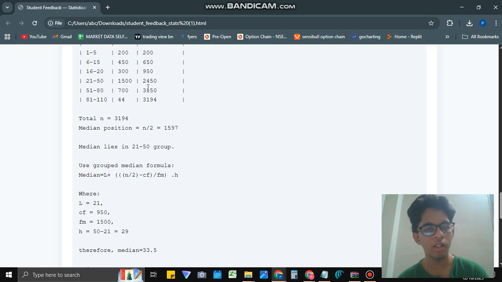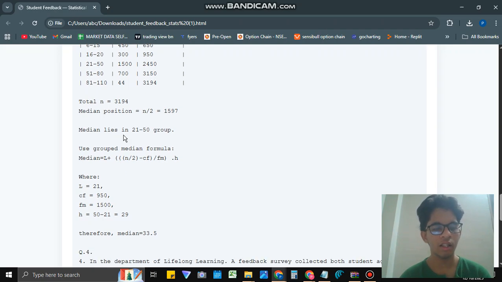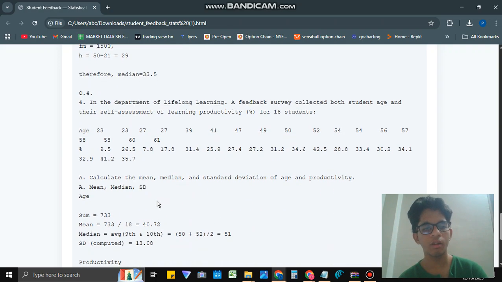The cumulative frequency just before the 21 to 50 bracket is 950, and the frequency, from the data given to us, is 1500. And h is basically the max minus min of that particular bracket, so 50 minus 21, 29. If we put all these values in, we will get the median as 33.5.